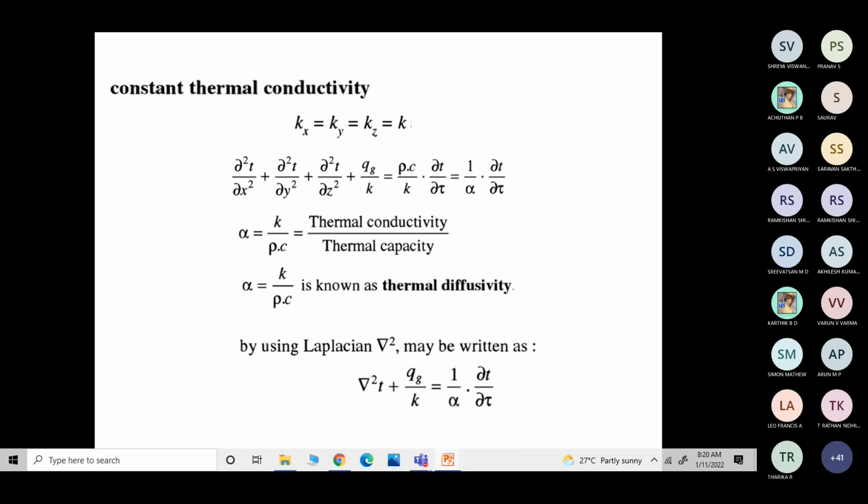And you should also know about thermal diffusivity, another property which gives us an idea about how fast the heat gets transferred within the material. Thermal diffusivity depends upon the thermal conductivity as well as the density and specific heat capacity of the particular material you consider. It's also very important.